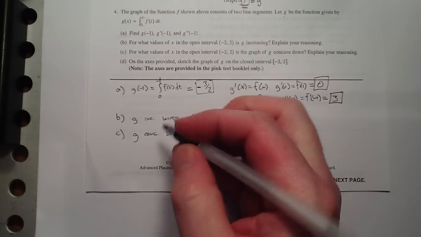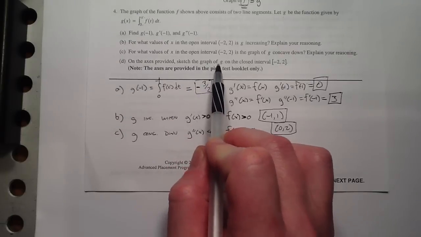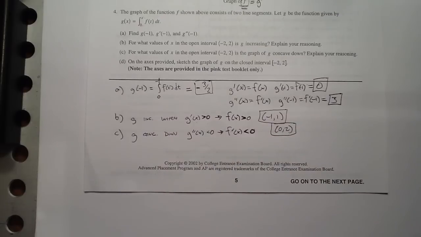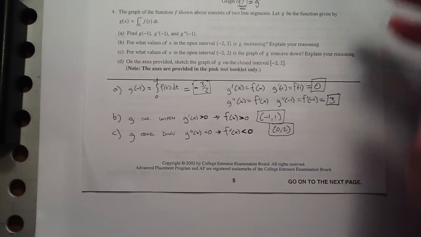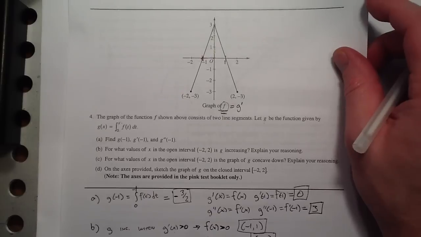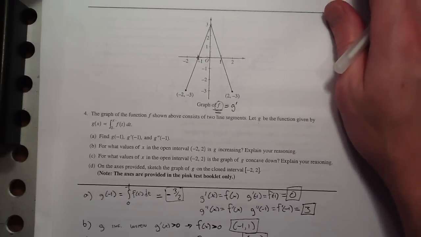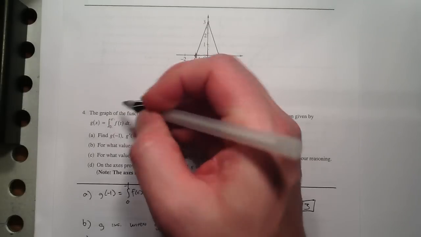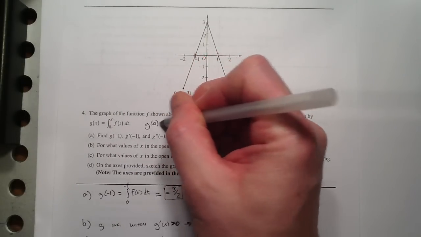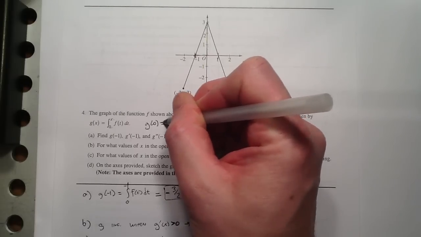And last, on the axes provided, sketch the graph of g on the closed interval. Well, what would g look like? Let's see. First of all, note that since this is defined from 0 to 0, g of 0 is equal to 0, right? This function goes through the origin.